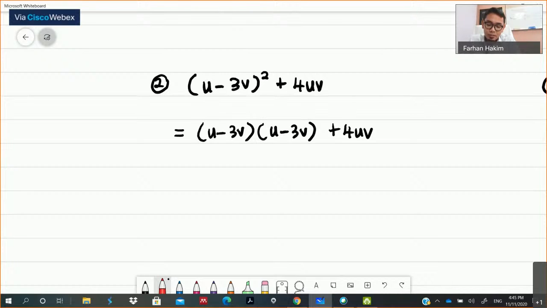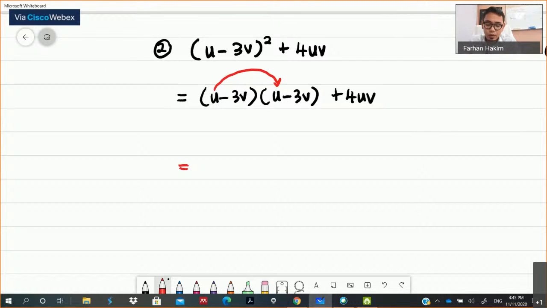Next, we want to expand the bracket. So u multiplied by u, I will get u squared. Now, u multiplied by negative 3v. Look at that negative belongs to that negative 3v, all right? So u multiplied by negative 3v will have negative 3uv, right?